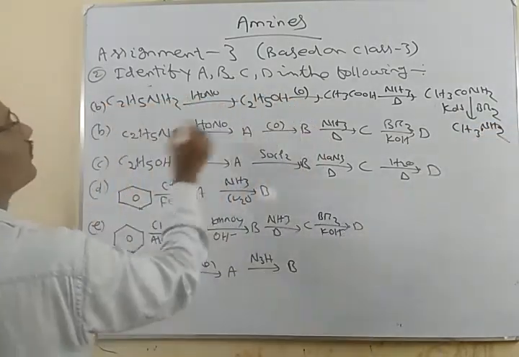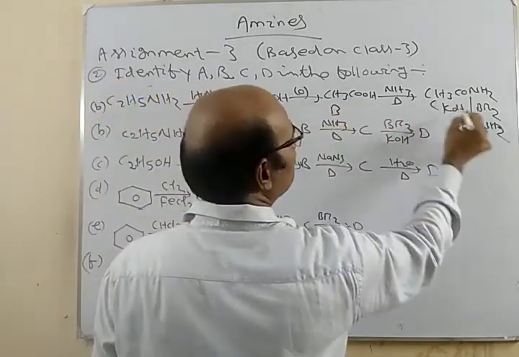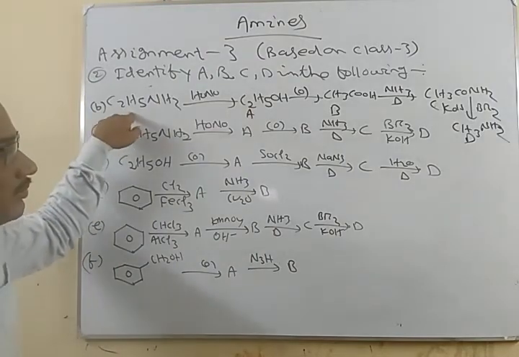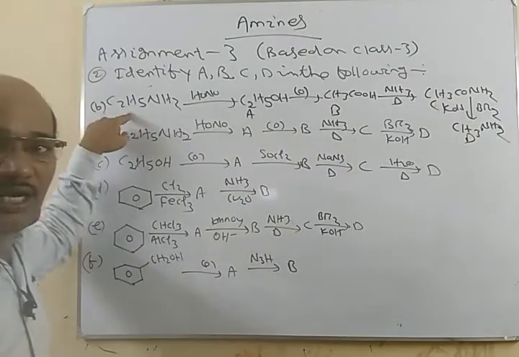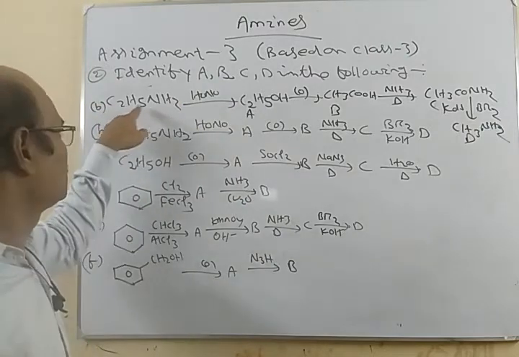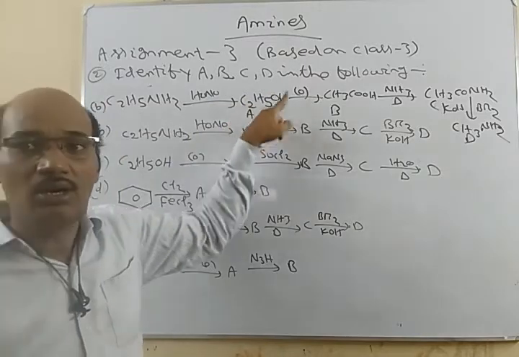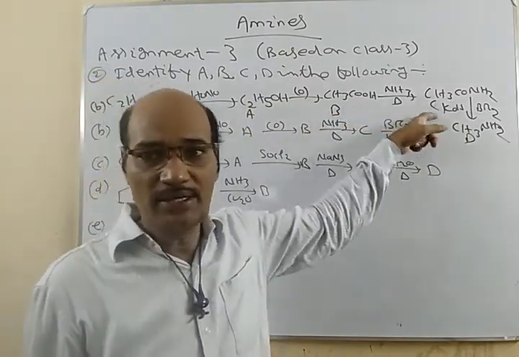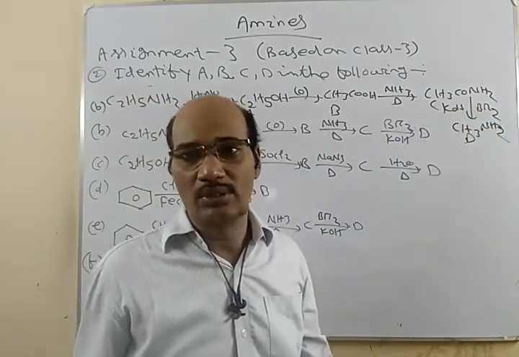This is your A, B, your C, your D. Clear? So ethyl amine into what? Methyl amine. Okay, already we have done this. So ethyl amine with nitrous acid gives ethyl alcohol, oxidation gives acetic acid, ammonia heat gives amide, Br2/KOH, Hofmann, gives amine with one carbon less. Clear?